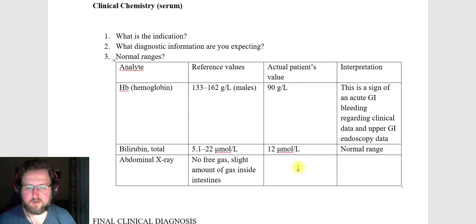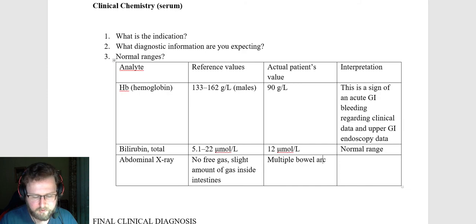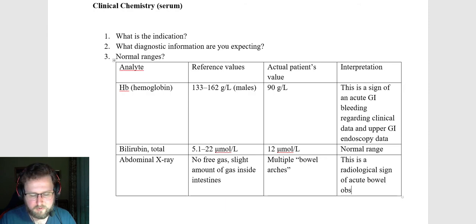For example, you see multiple bowel arches. And in the interpretation field, you note that this is a radiological sign of acute bowel obstruction.